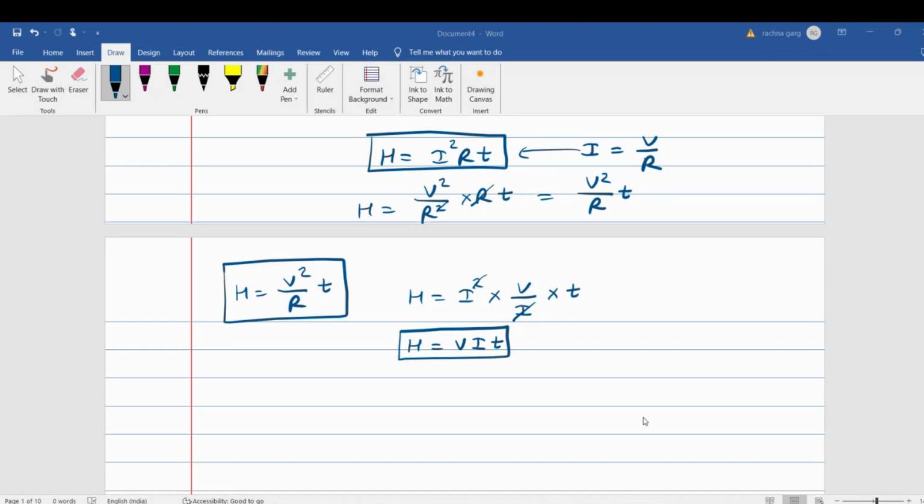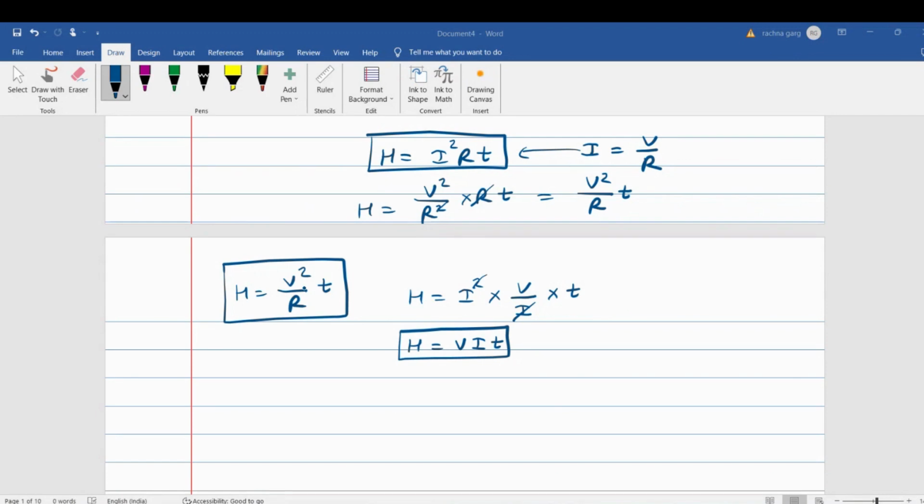And we use tungsten as filament in the electric bulb. Reason? It has high melting point. It converts most of the electrical energy into heat energy, and it emits light at high temperature, and it doesn't melt easily. So that is the reason why tungsten is used in heating appliances.